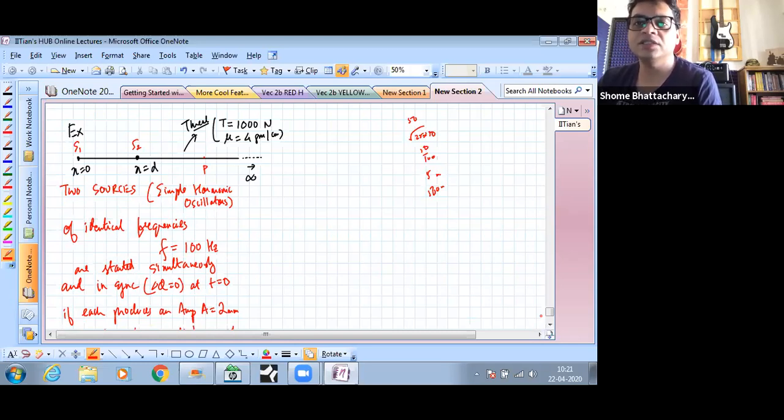That's the only thing direct, but the rest of the things are indirect. How will we get wavelength? How will we get wave speed? For that you have to understand what is the other information which is given, which is indirect. The tension in the thread is given and the linear mass density of the thread is given. So you know the physical properties of the thread. That is the kind of method that we use. Okay, so just try this out.